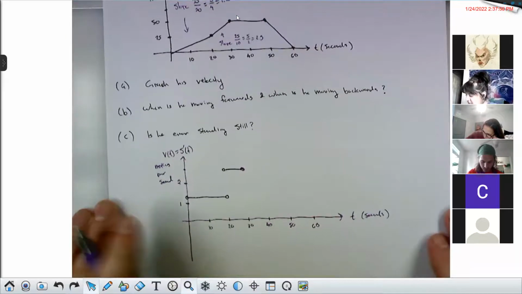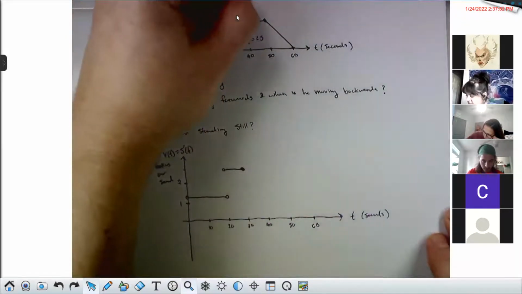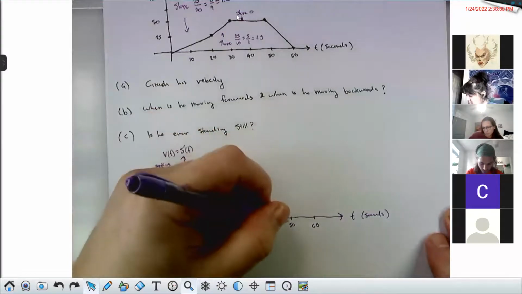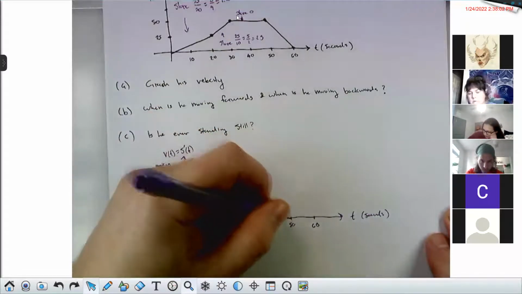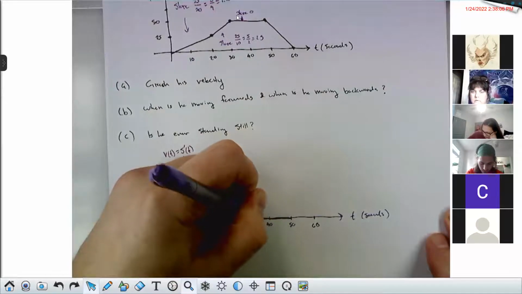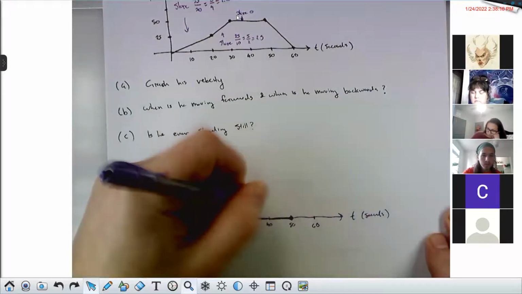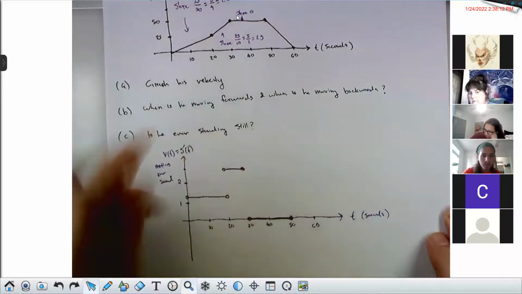The slope here is 0. So for that 20 seconds from time t equals 30 to t equals 50, his velocity function is identically 0, and we would use open circles on the ends there.